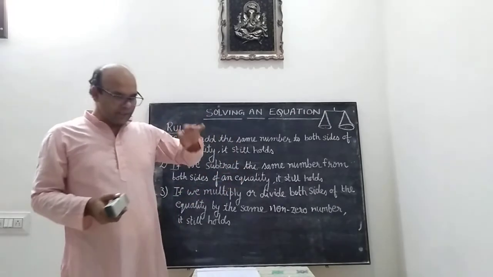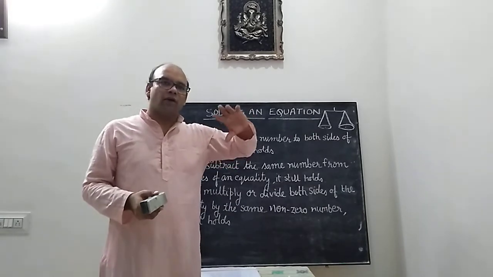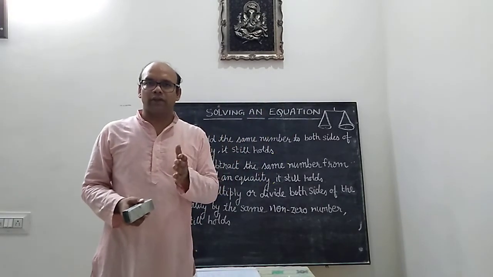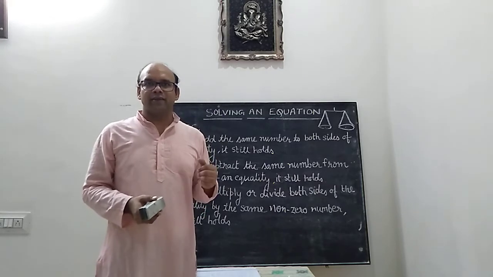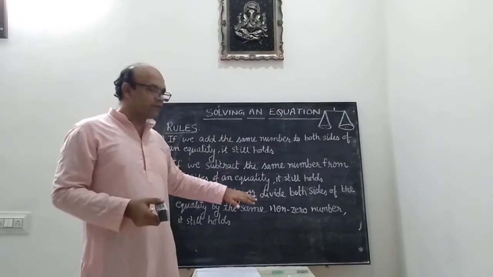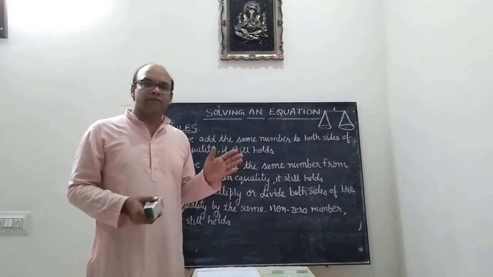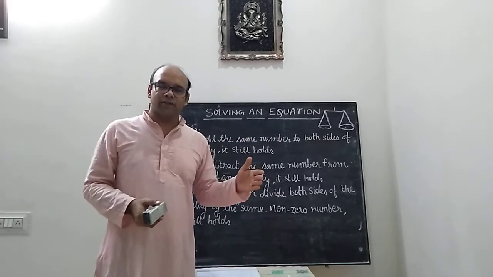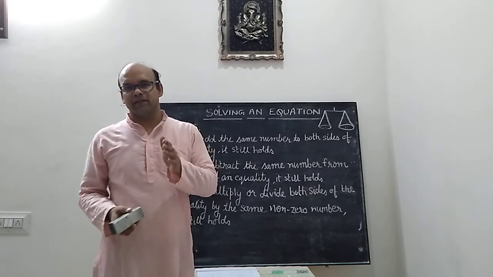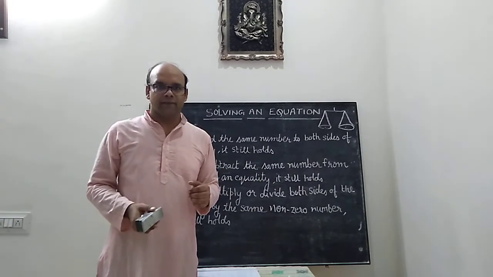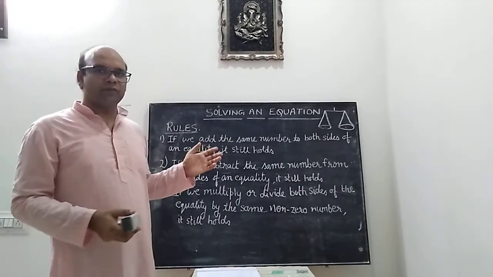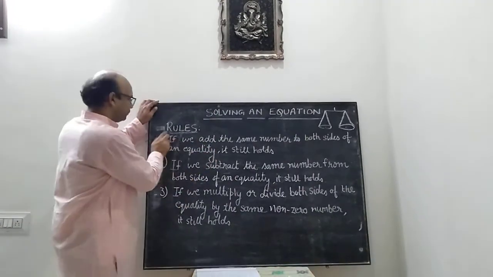We need the variable on one side of the equation and the constants on the other side. That is what our effort will be. We start with a few examples.